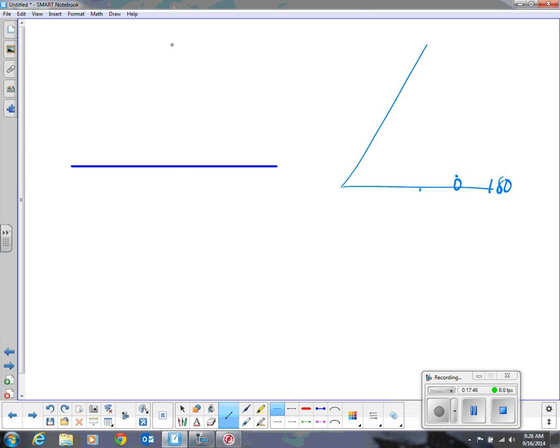And this has to do with that perpendicular bisector and points on a perpendicular bisector. It says GI is the perpendicular bisector of FH. So the first thing you want to do is you want to mark your diagram.